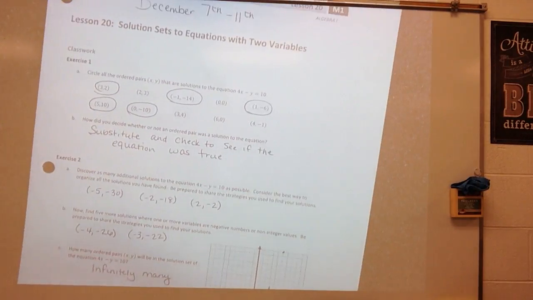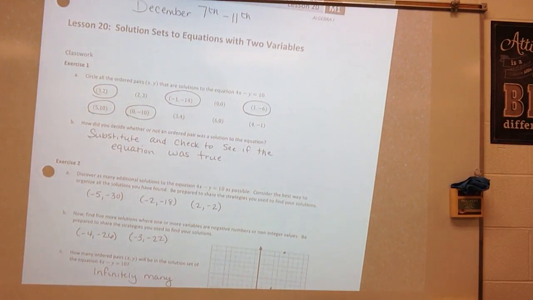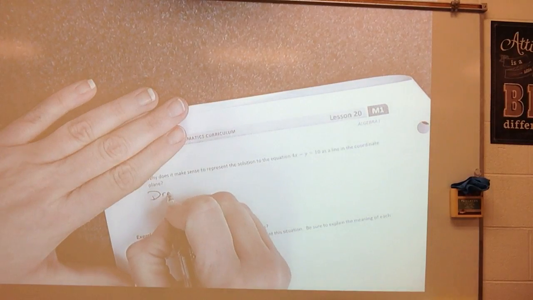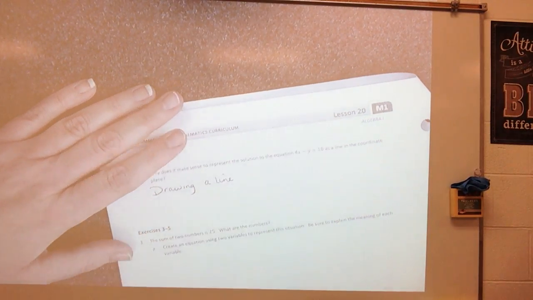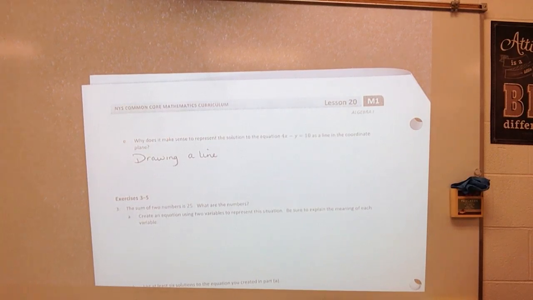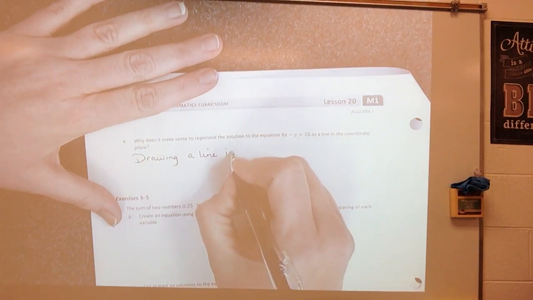Why does it make sense to represent the solutions to the equation 4x minus y is equal to 10 as a line in the coordinate plane? Well, drawing a line is the only way to include all possible solutions.